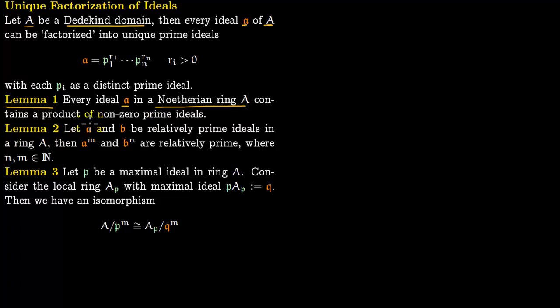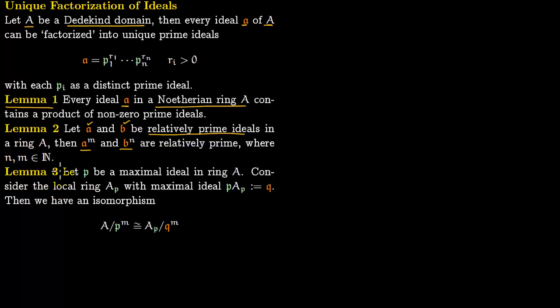Lemma 2: you are given two ideals a and b which are relatively prime to each other, that is, the sum of them generates the entire ring A. Then a^m and b^n are also relatively prime, where m and n are natural numbers.